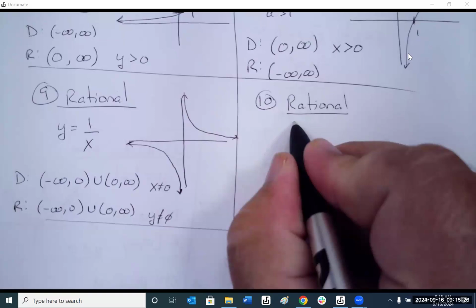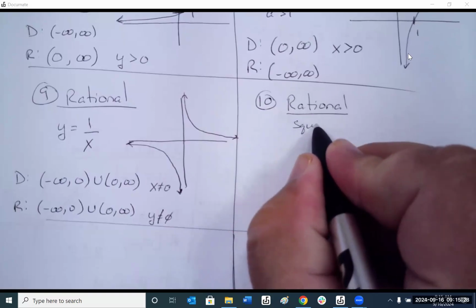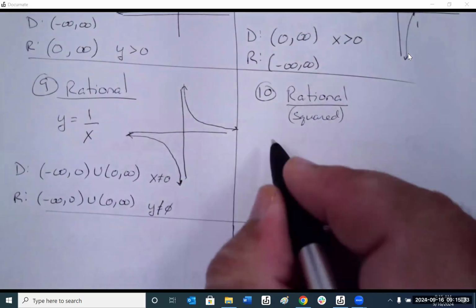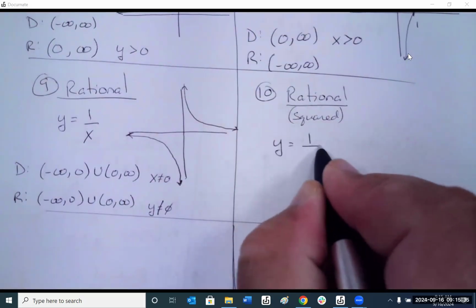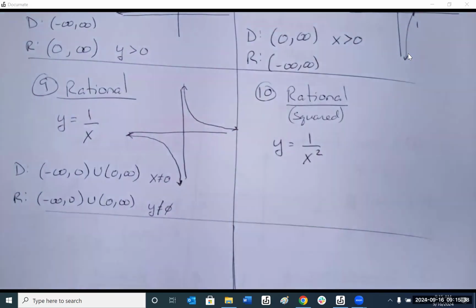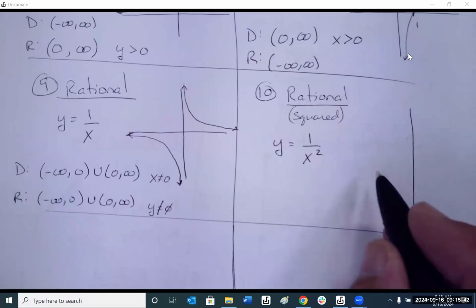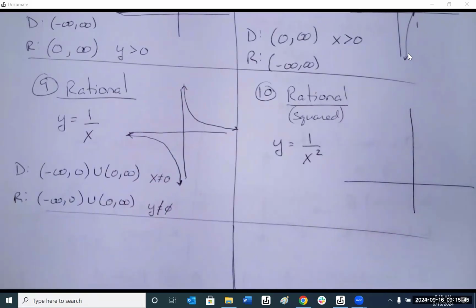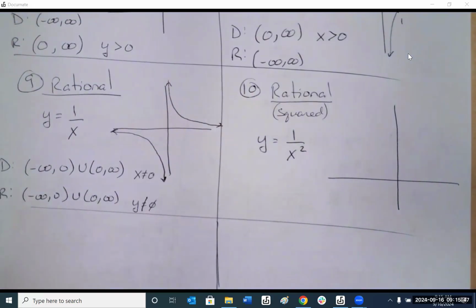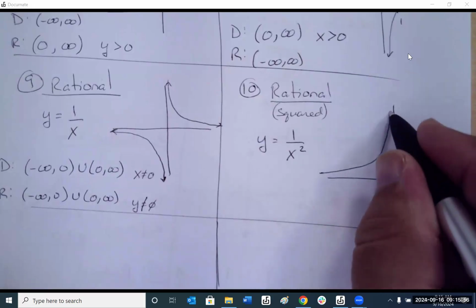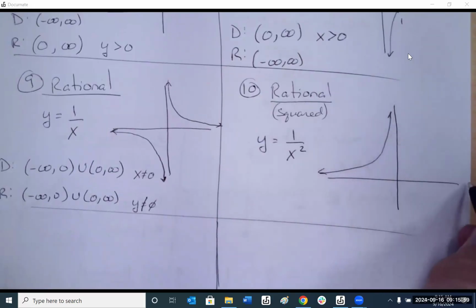Now we have another one. This time, if it's squared, if it's 1/x squared, if something is squared, it can never be negative. So since whatever I have is always going to end up being positive, it looks like this.